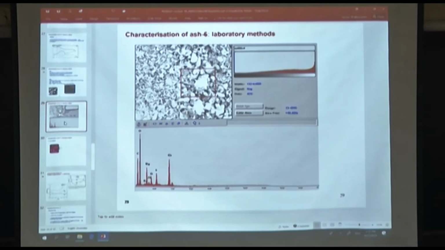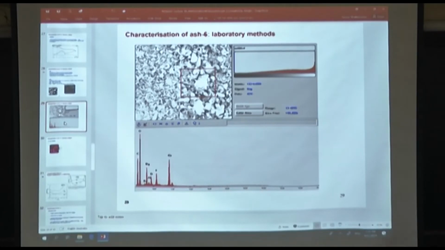Okay. So if you find out the approximate chemical formula, then you can look in the literature, or you can use software, look at the phase diagrams, and see at what temperatures these kinds of compounds melt. So that gives an approximate idea.